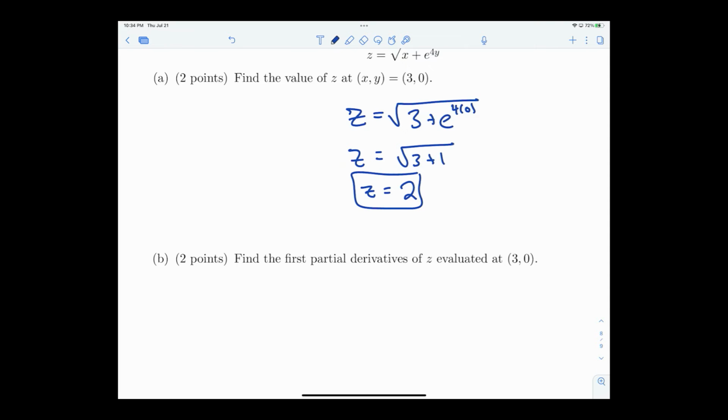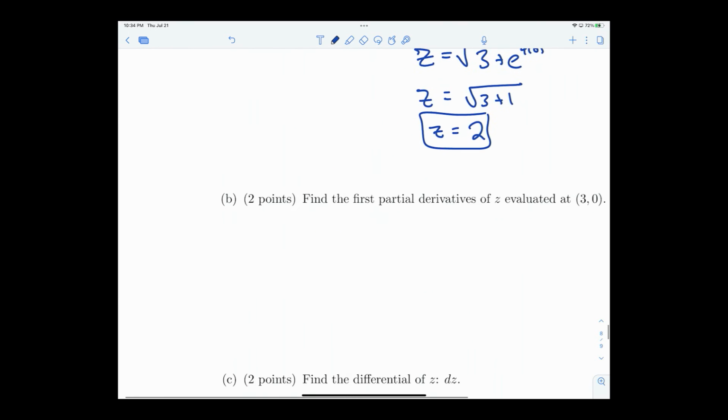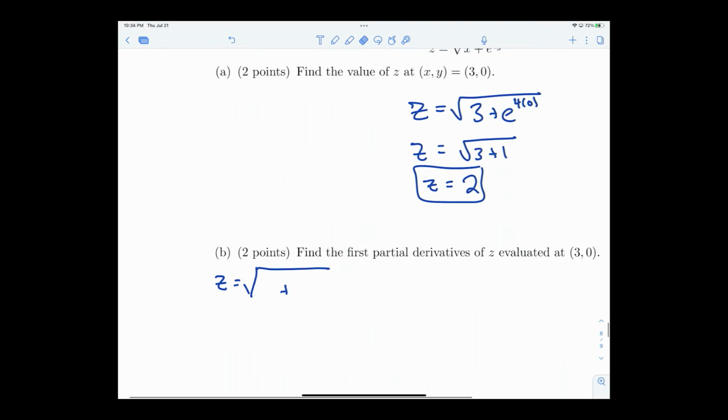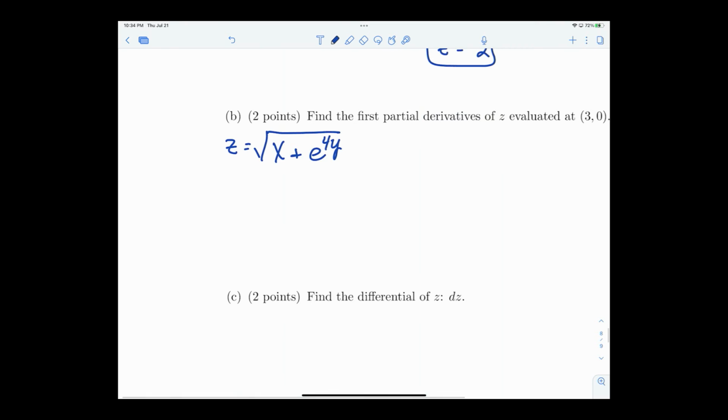Find the first partial derivatives of z evaluated at 3, 0. So we need the partial derivatives of z. So z is square root of 3 plus x plus e to the 4y. So our first derivatives will be dz/dx. The formula from calculus 1 is d/dx of square root x is 1 over 2 square root x.